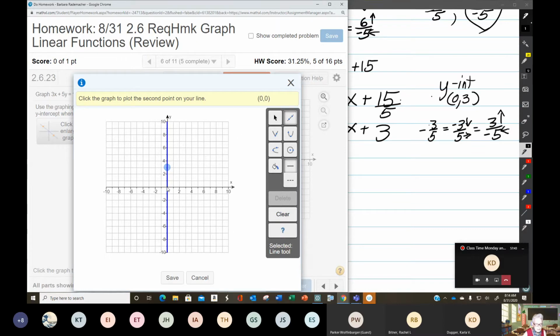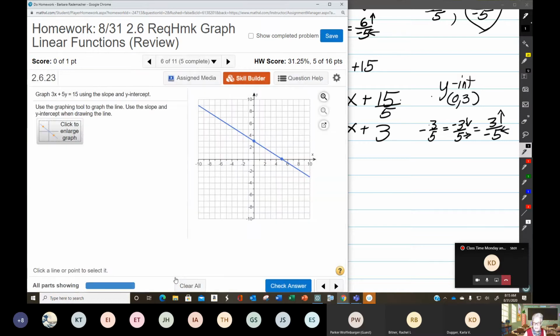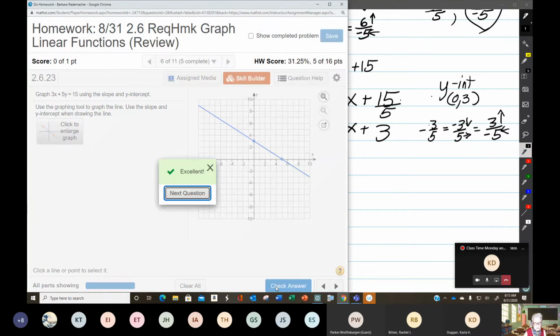Down 3 and to the right 5. So I end up with the intercepts anyway. So let's see if I'm right or if I'm moving too fast. No, and it worked. And that makes me happy, of course.